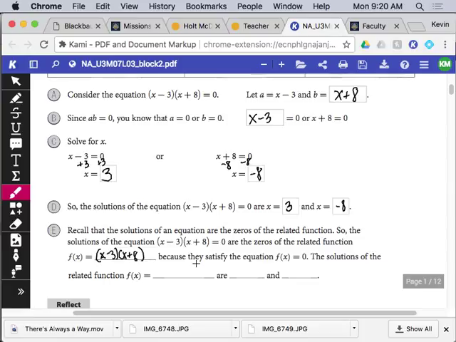The x-intercepts, the zeros of the function, are the solutions of this equation. Remember, the zeros of the function are where the function is equal to 0. So the solutions, or the zeros, of the related function f of x equals x minus 3 times x plus 8 are 3 and negative 8.